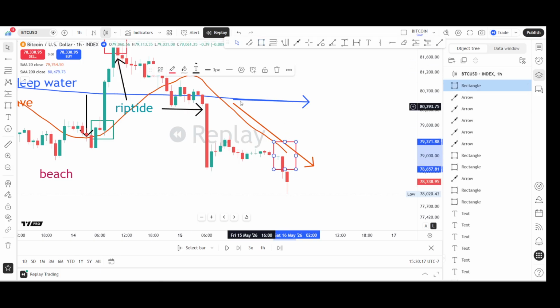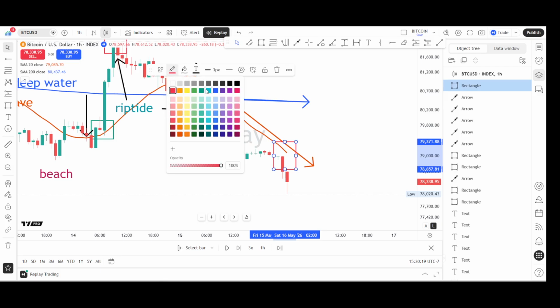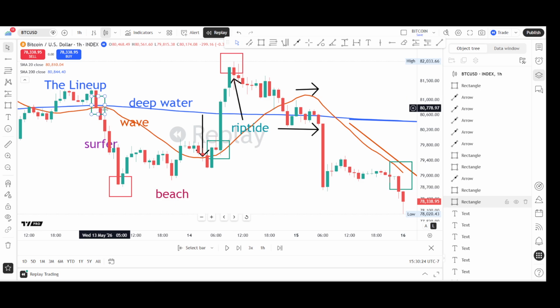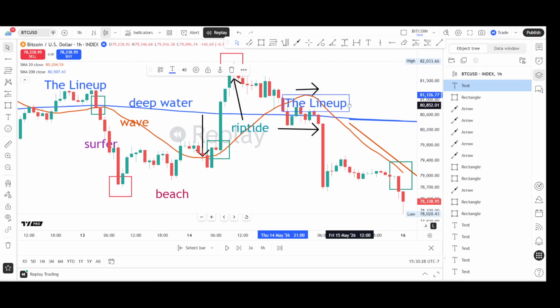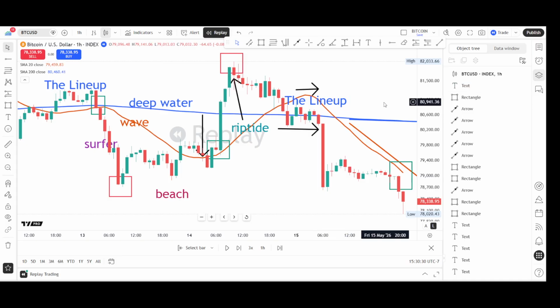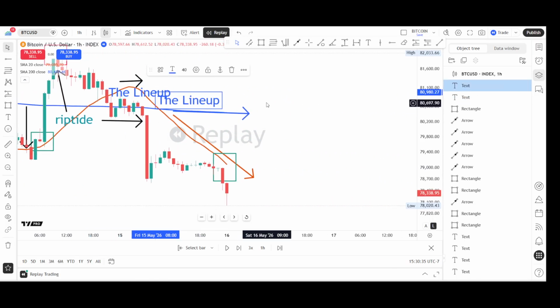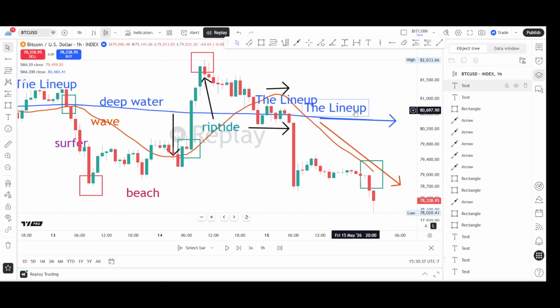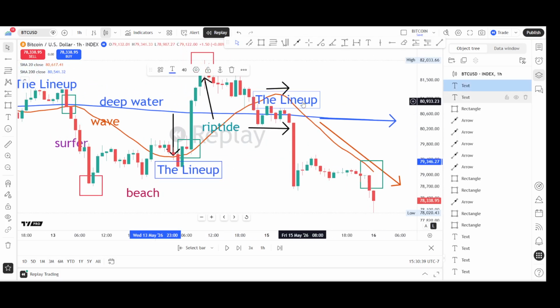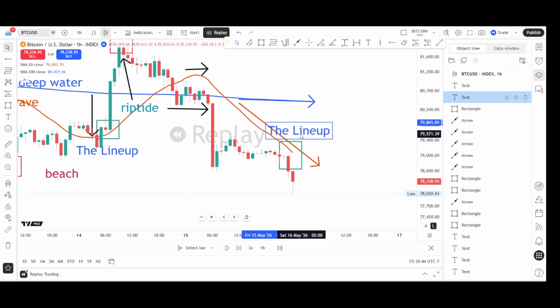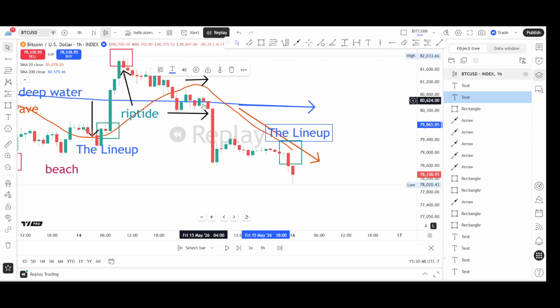So we talked about entries, entry locations. We had our wide state entry location. We had our riptide entry location. And we had our re-entry on a continuing trend, a trend that's already in play.